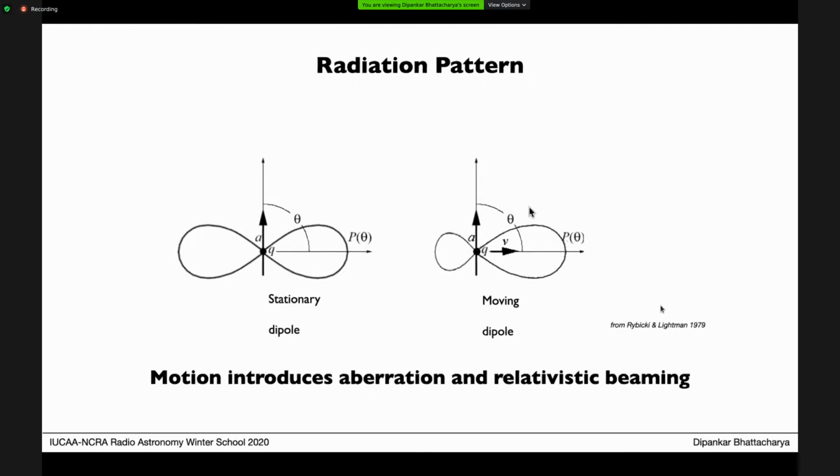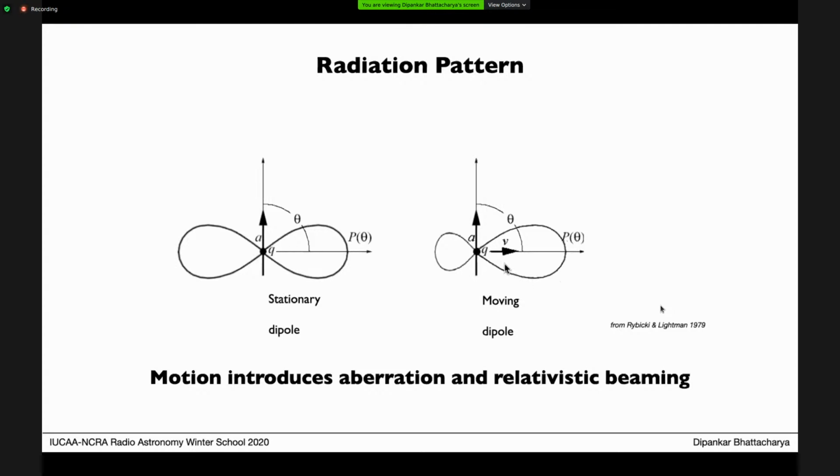So what we are seeing is that although a moving observer will see the same total amount of energy loss integrated over all angles, the distribution of the radiation as a function of angle changes. This is because of aberration, and this is called relativistic beaming. So the faster the charge moves, the narrower this beaming cone will become.